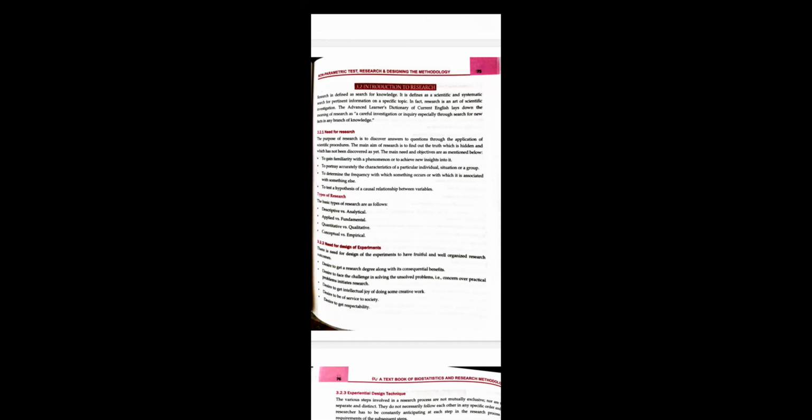The Advanced Learner's Dictionary of English defines research as a careful investigation, or inquiry, especially through the search for new facts.